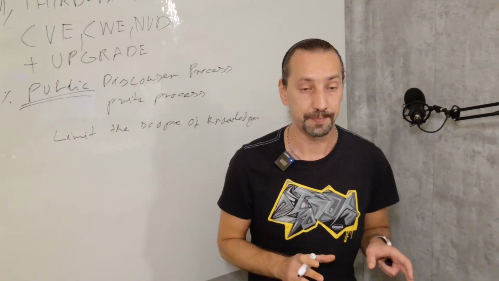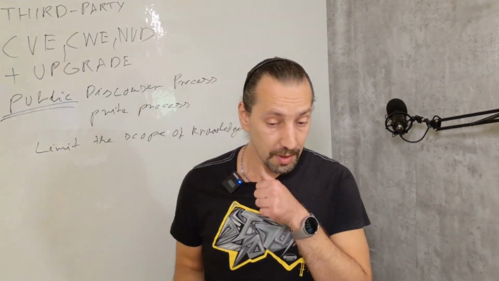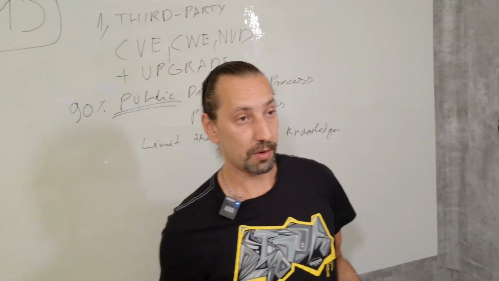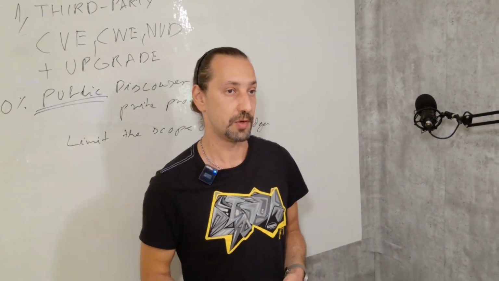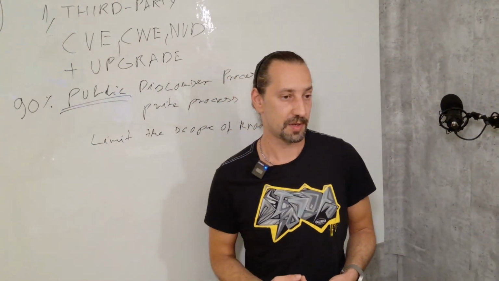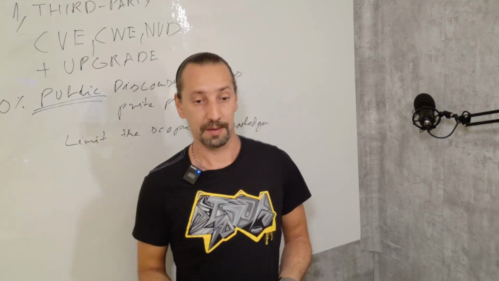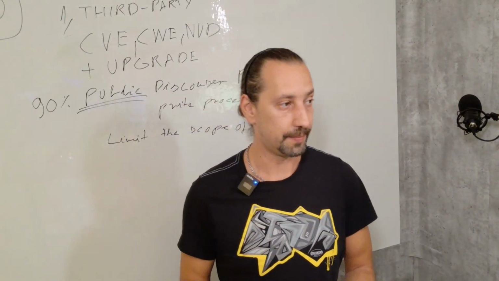If there is a vulnerability in our code, in our organization, then probably we don't want to, well, tell the whole world about we have some security issue, because it will impact our business, it will impact our customers, it can cost us money, time, reputation, and so on.